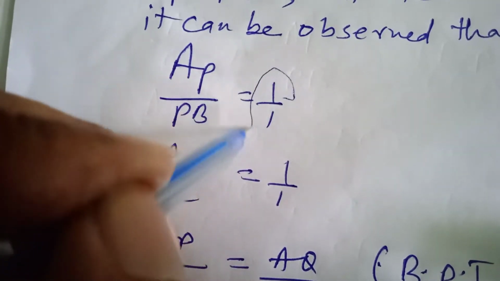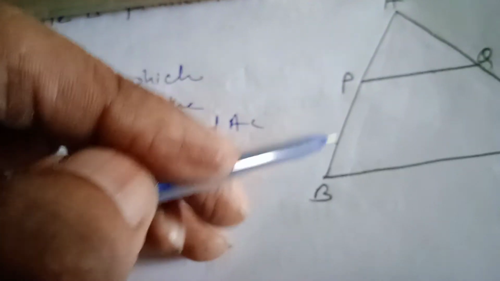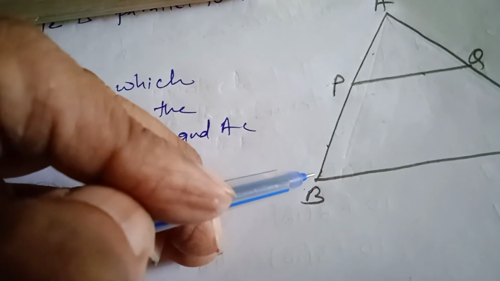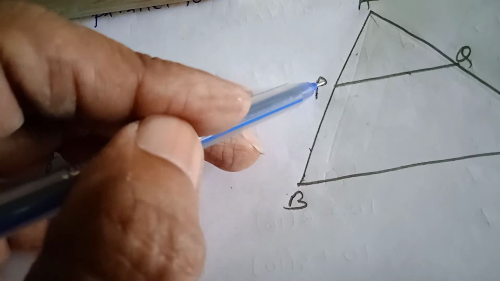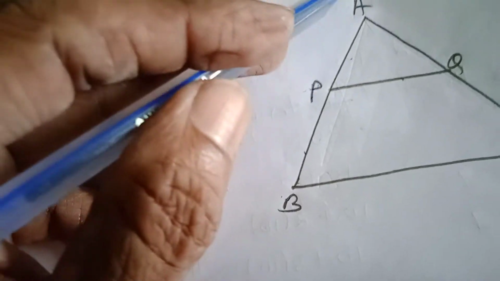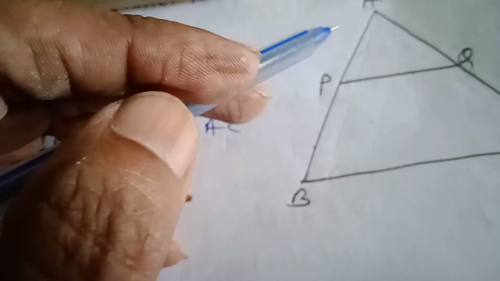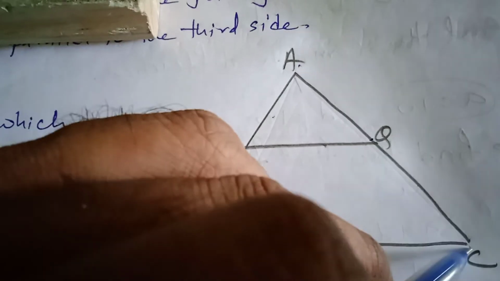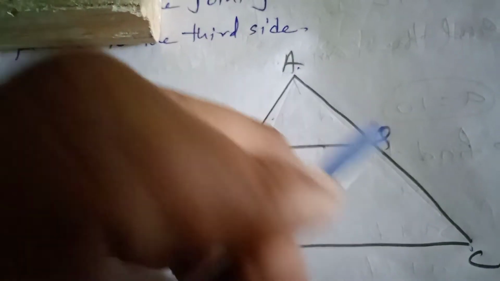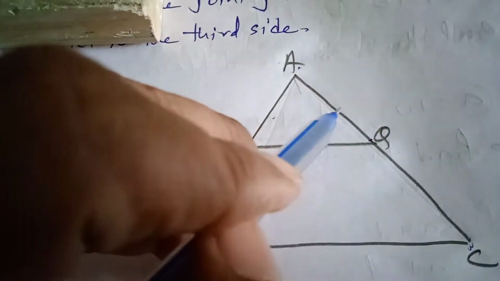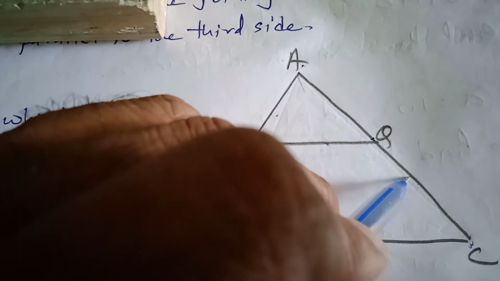The values of both are the same, because P is the midpoint of line segment AB and this midpoint divides the line segment AB into two equal parts, that is 1 and 1. That's why we have written 1 upon 1. Same way here also, Q is the midpoint of AC, means Q is dividing this line segment AC into two equal parts.